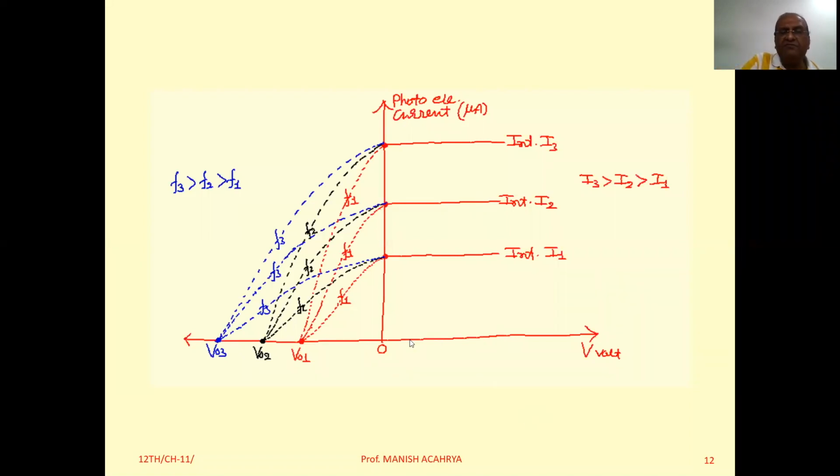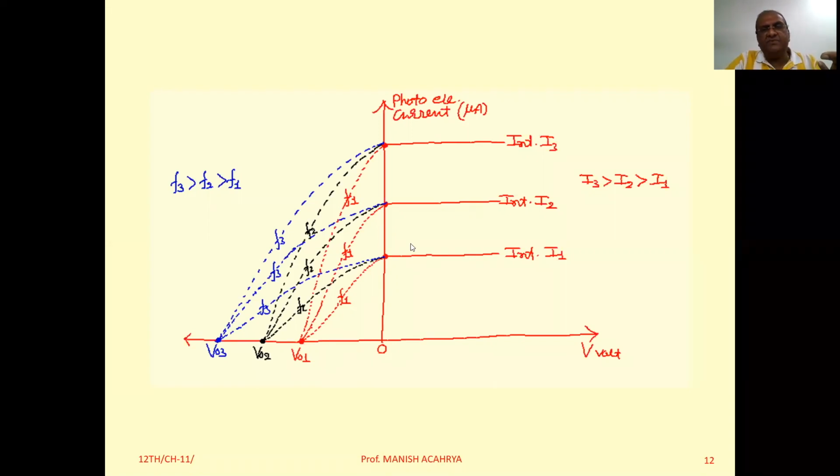But again, if we increase the positive potential at the collector, then the current remains constant. Then they observe this thing, when negative potential on the collector is increased, the photoelectric current decreases, and finally at the same stopping potential, the photoelectric current becomes zero.